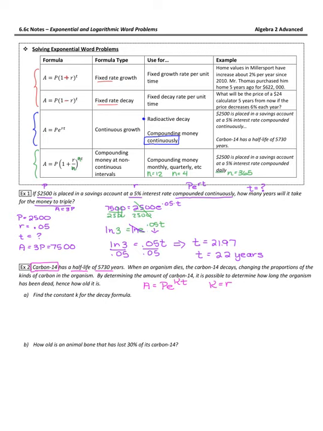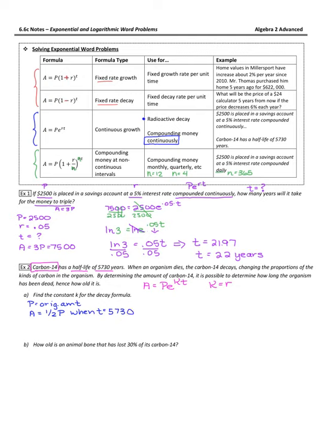In the process of doing that, we want to know what that K is. We don't know. We know that P always represents your original amount, we know that A is going to equal half of P, the half-life, but only when T is 5,730 years.